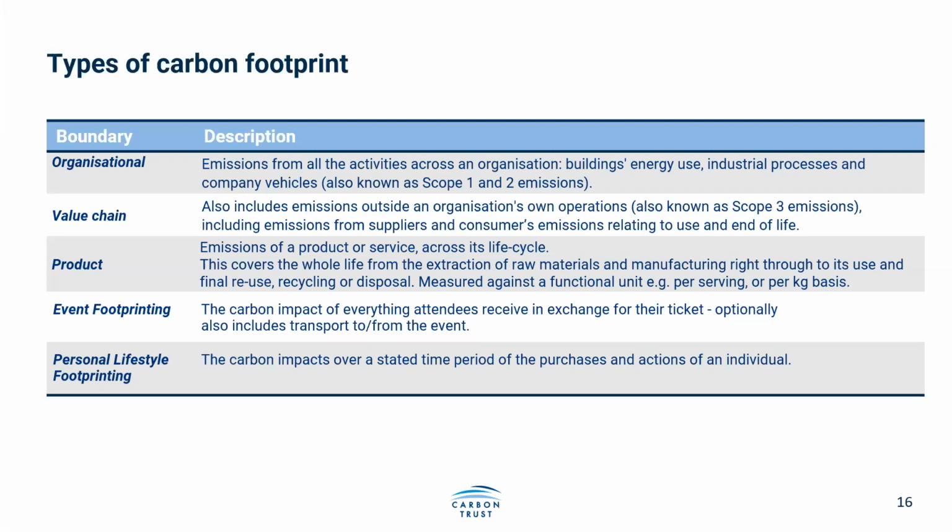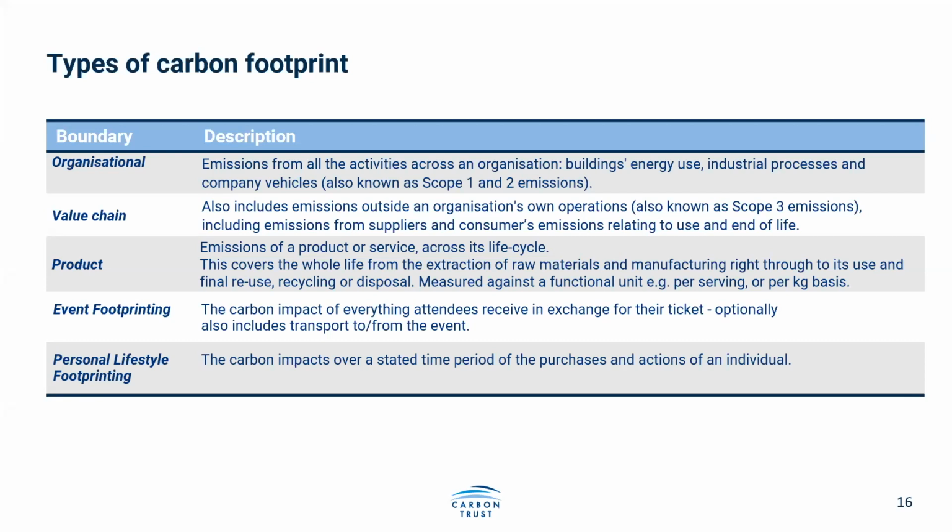Now, there are also other footprinting boundaries you can define. So a product footprint might be purely looking at the carbon footprint per coffee serving, might be an espresso or a latte, or it could be per kg of coffee transported to a port, or it could be the carbon footprint of a packaging unit. So you can look at product footprints as well, or as you see, the list goes on.